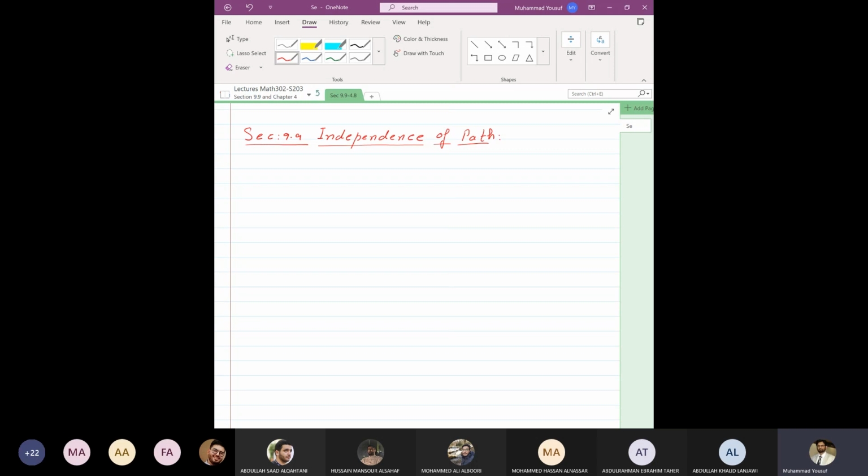When we integrate a function over a curve, a path, of course some curve, the integral does not depend on the path.